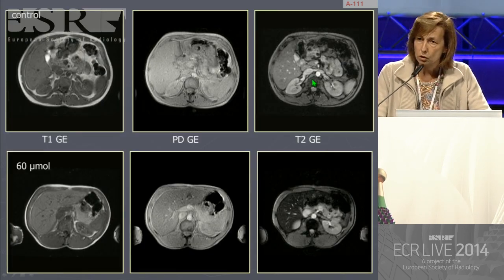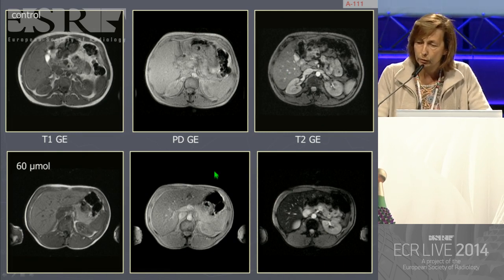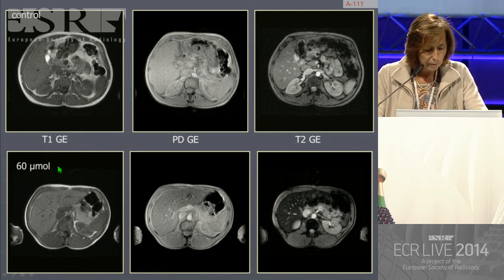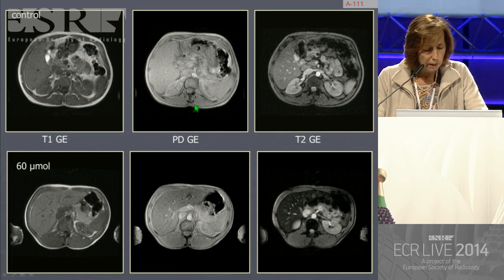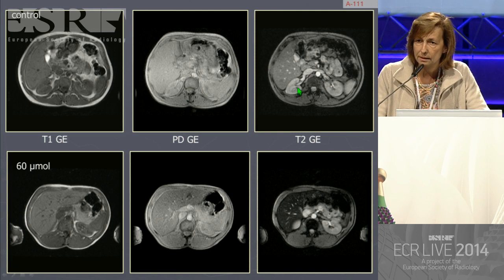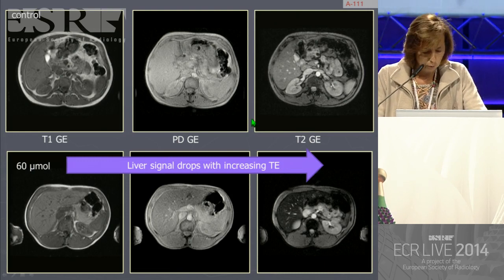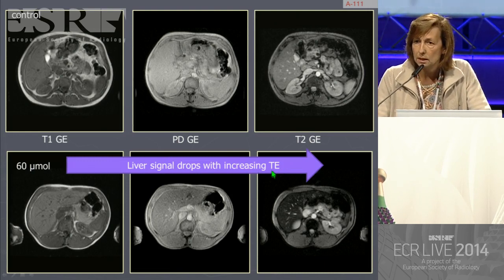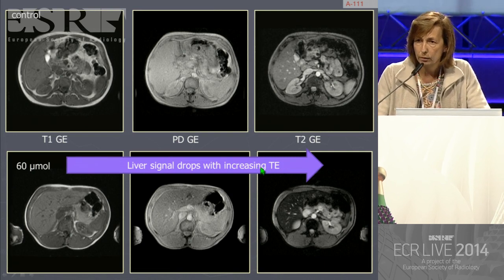So we have two patients, a control patient here and a patient with a mild iron overload. And by performing gradient echo sequences with increasing TE value here, we don't see many changes in the liver signal intensity. But looking here at our patient, we do see a liver signal drop with increasing TE due to the liver heterogeneity caused by the iron overload.